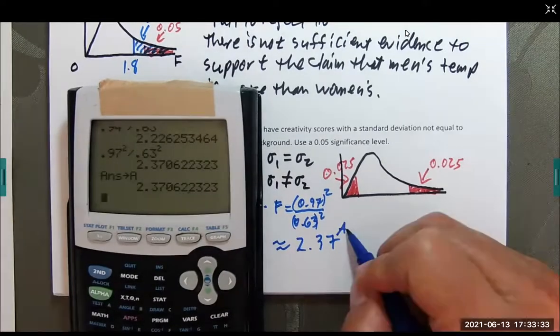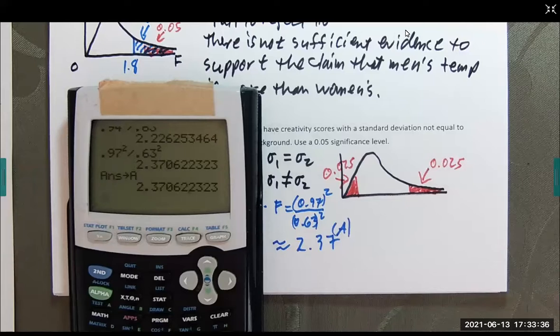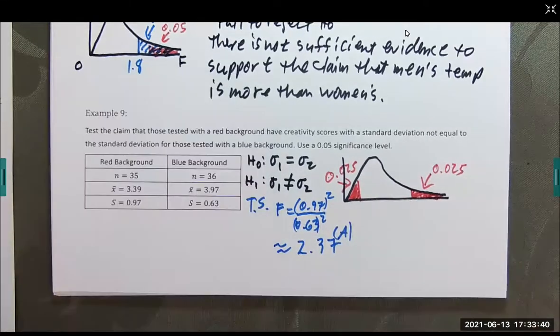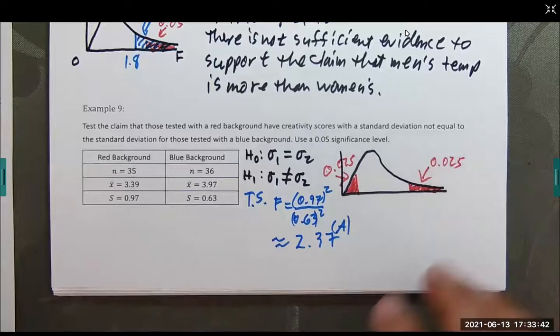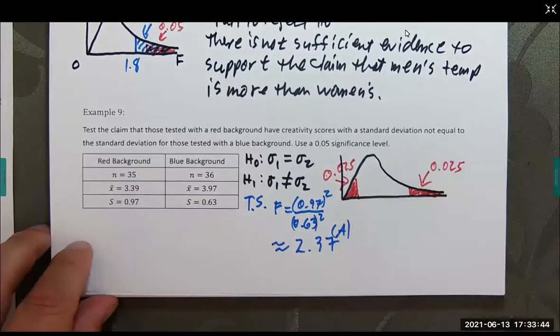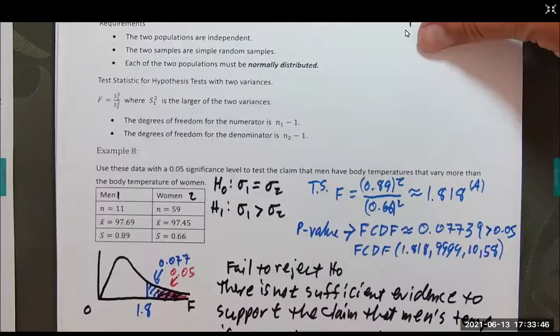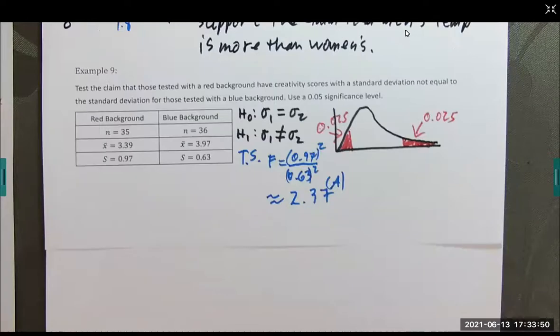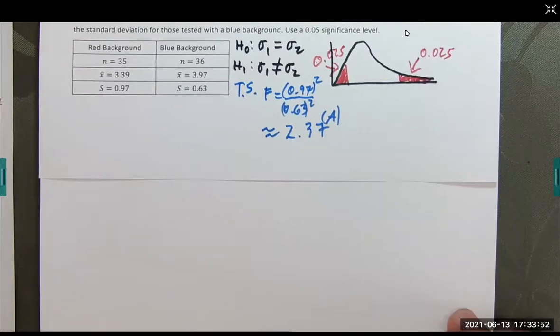Here's the problem. Because I don't know what these critical values are, there are two scenarios here.